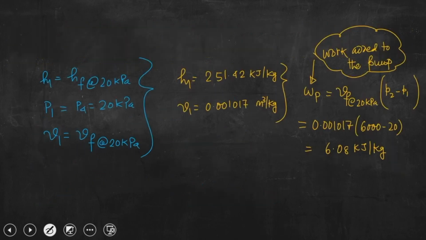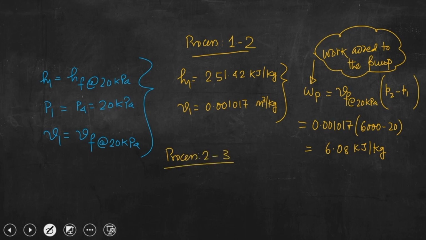So this is process 1 to 2, and finally I will go to process 2 to 3. So that is q in equal to H3 minus H2.